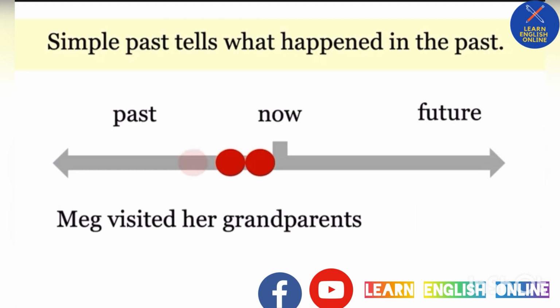Meg visited her grandparents last month. Meg visited her grandparents last year. This word last is a signal word for the past. We put it with another time, last week, last month, last year.